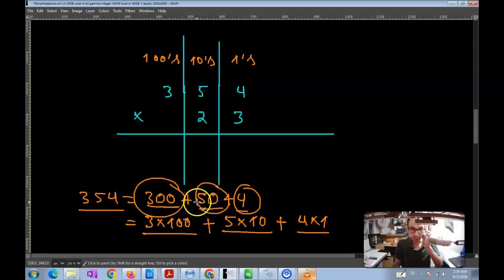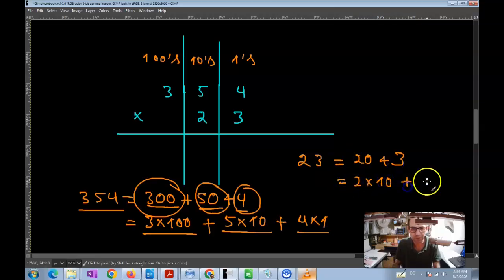But here things are a little bit more advanced, meaning that the number that I want to multiply by this number is in and of itself 2 numbers in 1 number, meaning that 23 is 20 plus a 3, which is 2 times 10 plus 3 times 1, right?